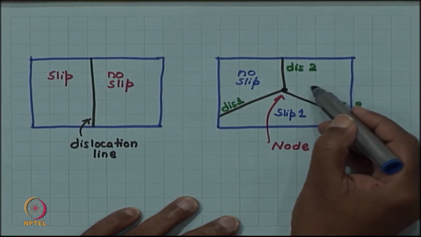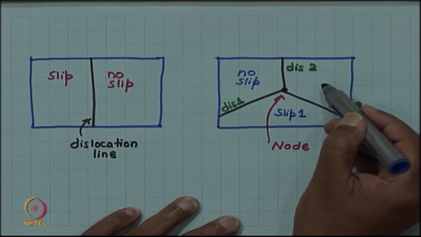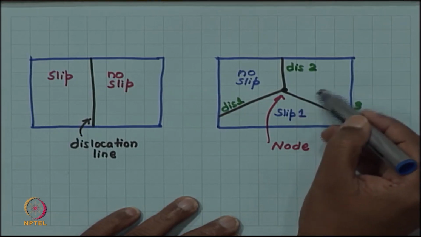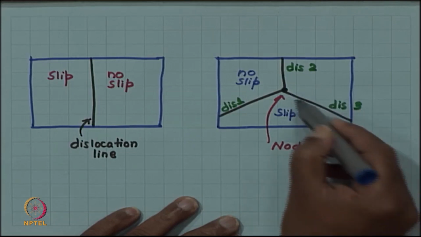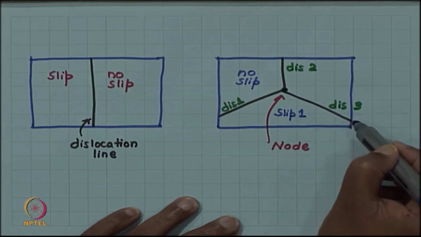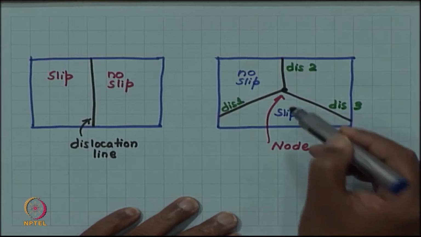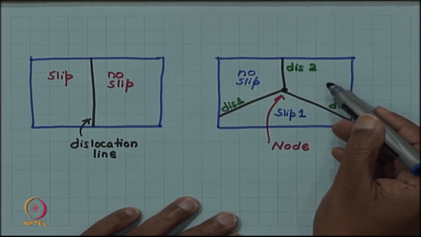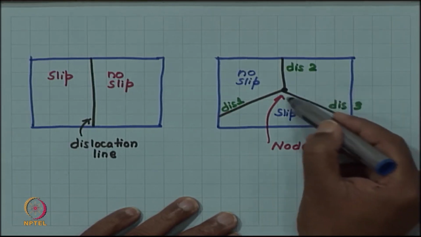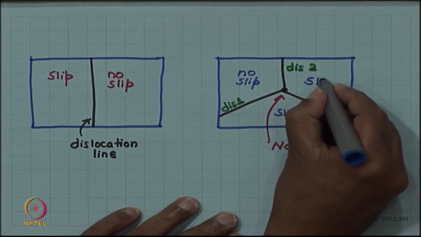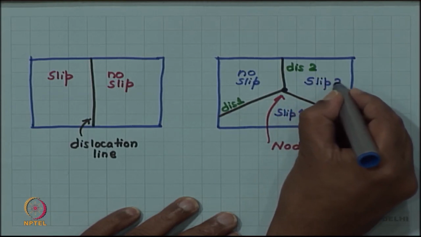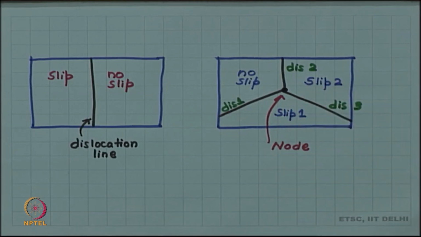If this region was also slip 1, then there will be no differential slip between these two regions, and this boundary, or this dislocation line 3, will disappear. So, there has to be some extra slip, some differential slip as I cross this line. So, this region will have a different slip, and let me call that slip 2.